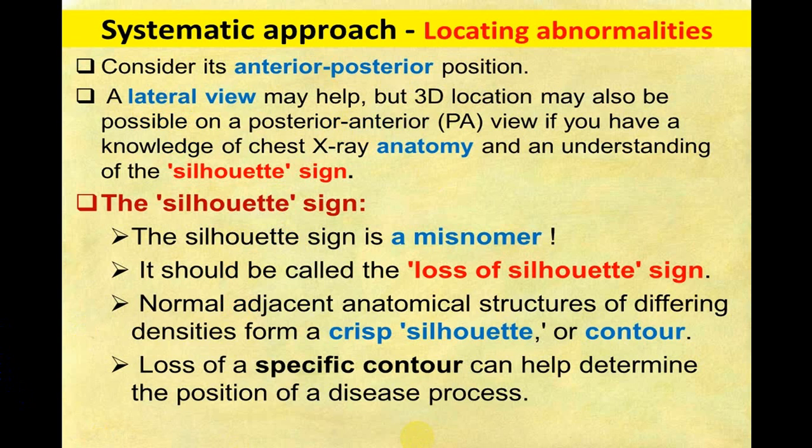If you suspect it is related to the mediastinum, you will have to take a lateral view. But when it is in the lung, to identify which lobe it belongs to, whether upper lobe, middle lobe, lower lobe, etc., again the lateral view is very important. If you find a radio opacity on the right side, ask for a right lateral view. If there is a radio opacity on the left side, ask for a left lateral view. This should be kept in mind.